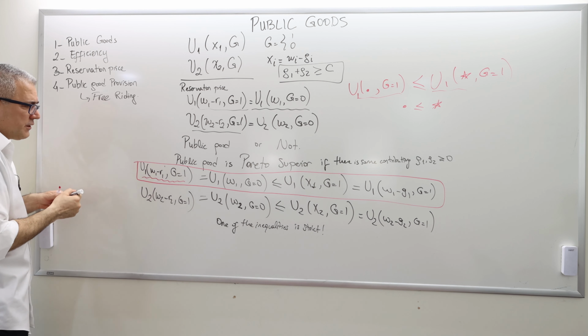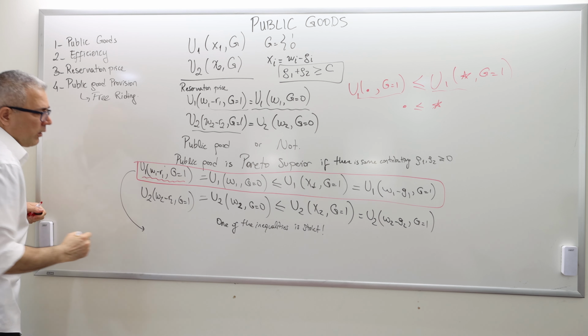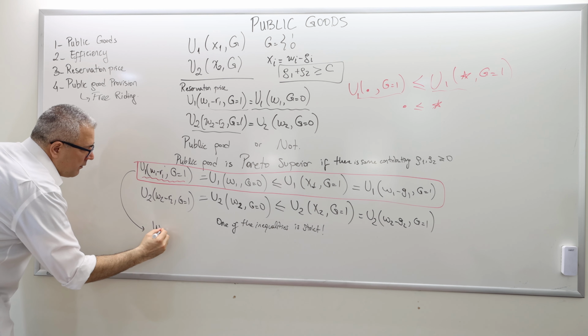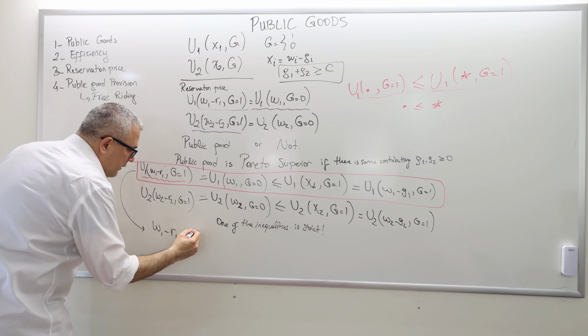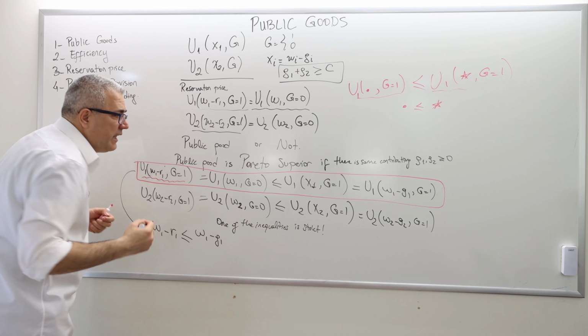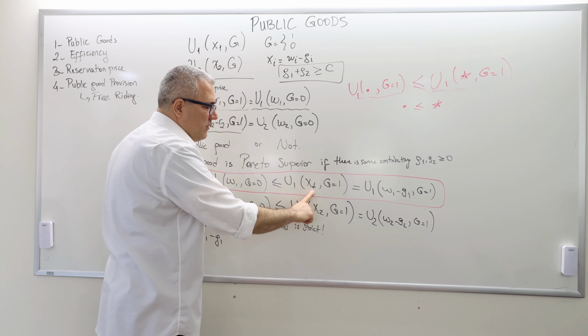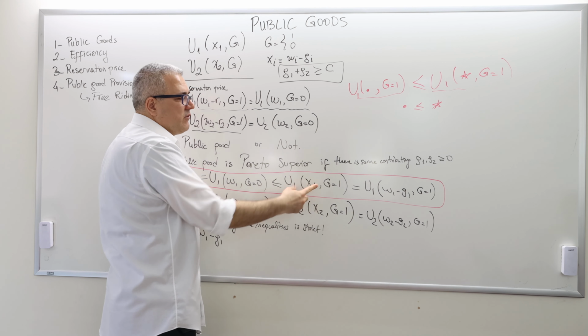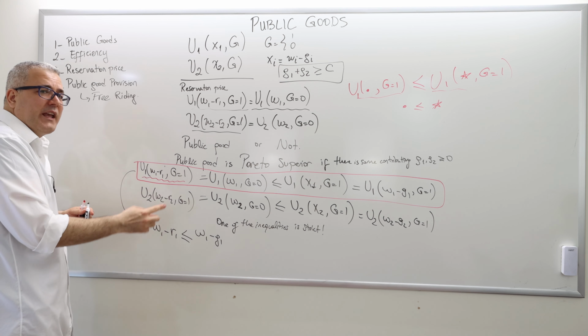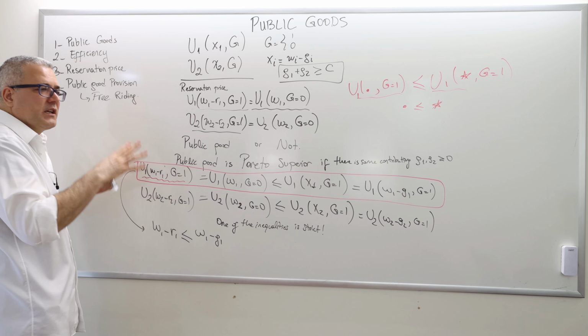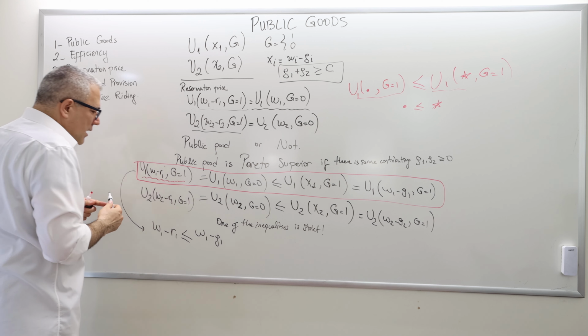That's what I will use. From the first inequality, what do I get? W1 minus R1 is less than or equal to W1 minus G1. Here you see why I don't leave it as X1 but rather write W1 minus G1: those W's are going to cancel out, so there is no wealth effect.